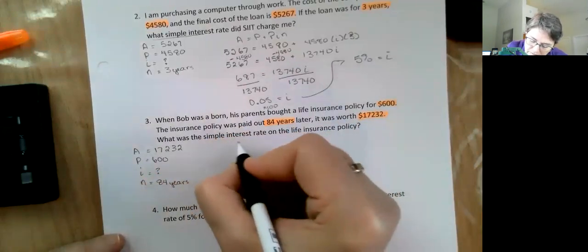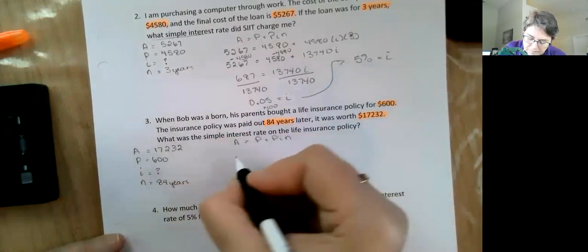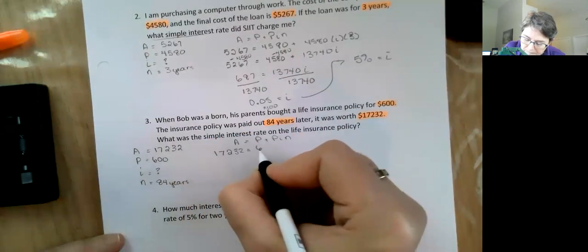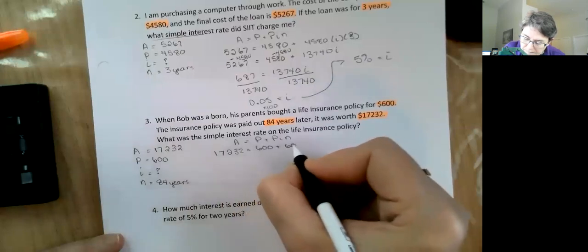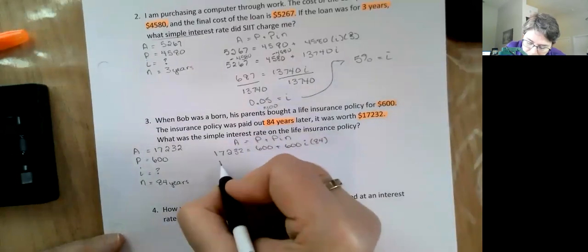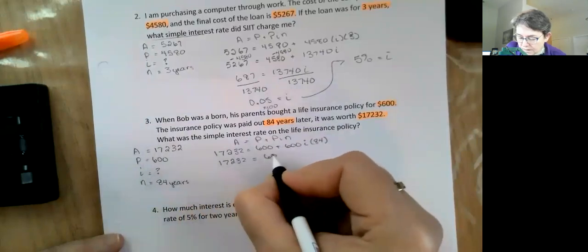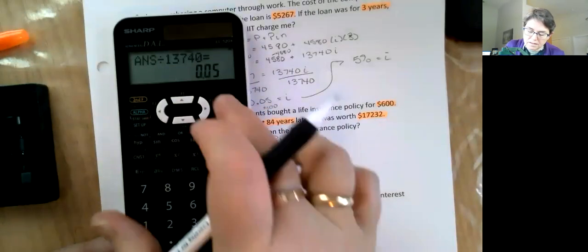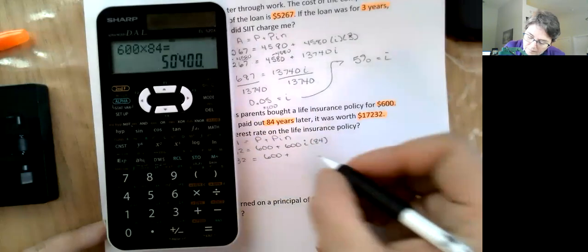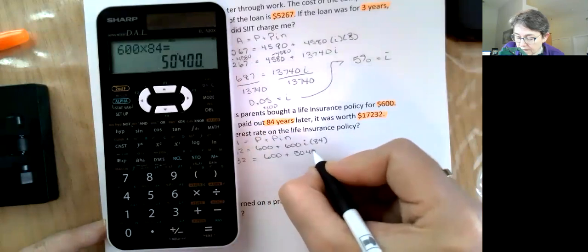All right, into our formula. $17,232 is equal to 600 plus 600 times 84, 50,400.